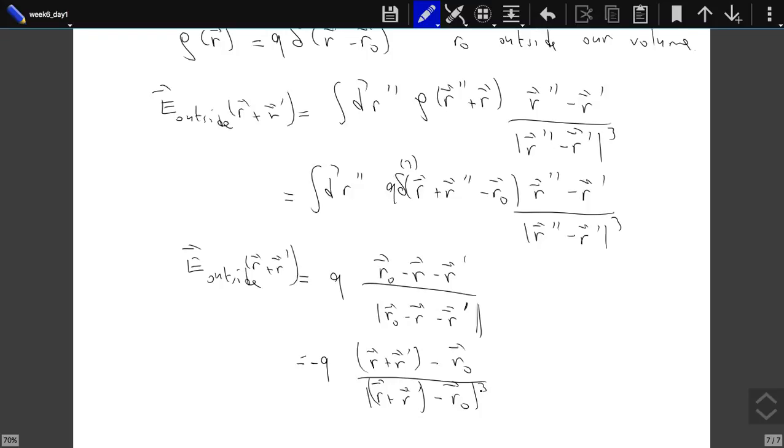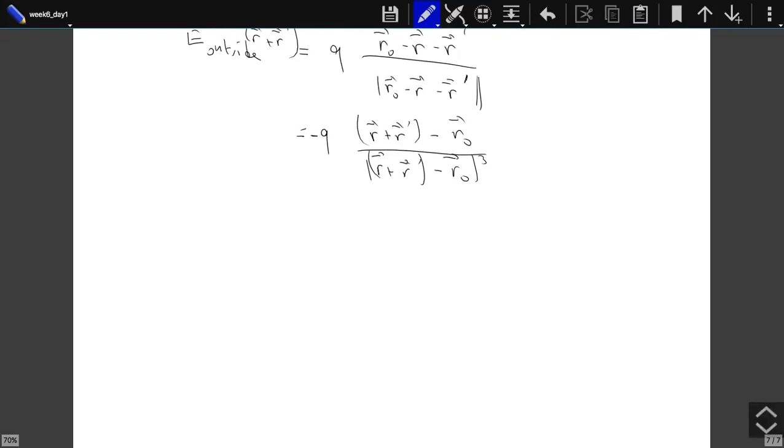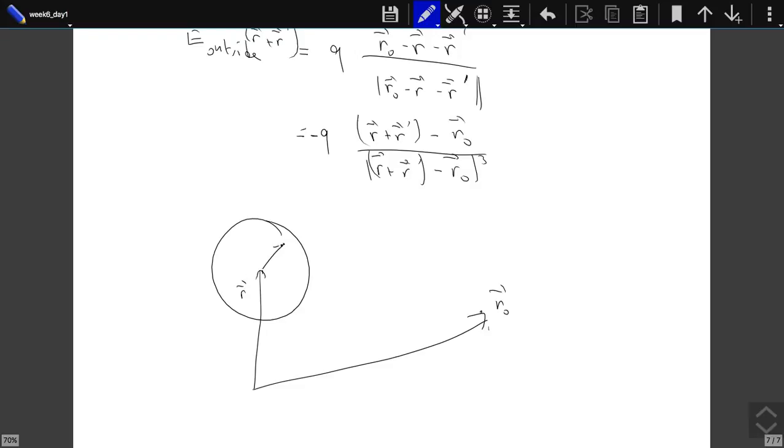So first of all, does this make sense? This is our volume. This is our, let's say, r0 point. This is r. So the vector r plus r prime minus r0 is this vector over here.